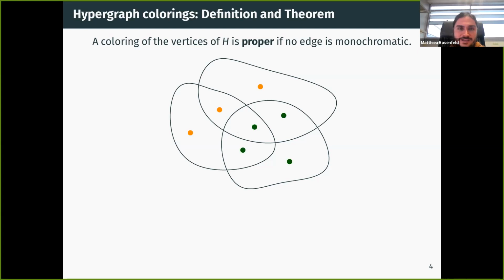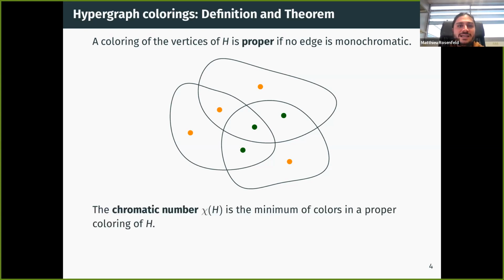If we look at this coloring, I have some vertices which are orange and some which are green. And there is something wrong because there is an edge which is monochromatic. This edge contains all vertices of the same color. So this is not a proper coloring. Now, if I look at this coloring, this is a proper coloring of my hypergraph because each hyperedge contains at least two different colors.